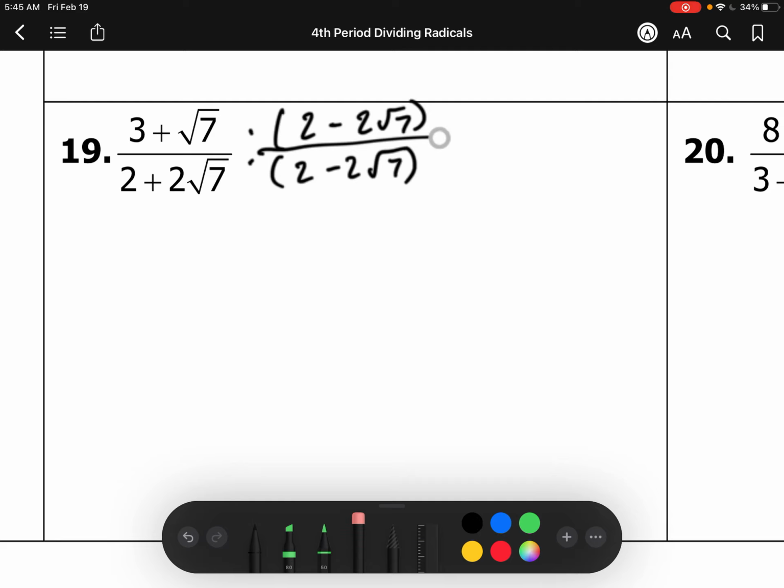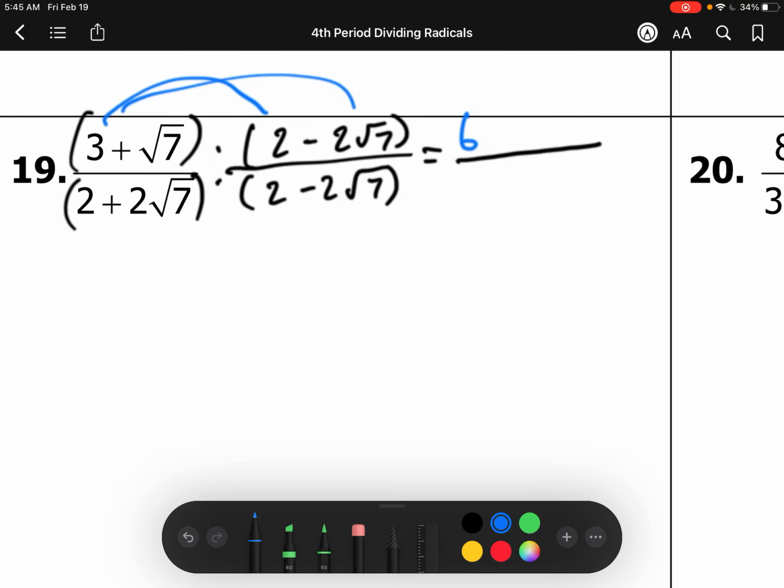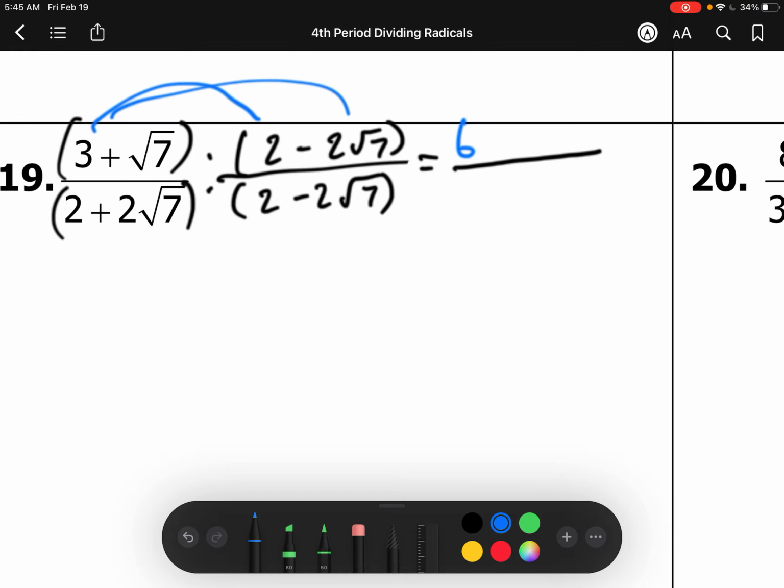And let's go ahead and start simplifying. Let's start by distributing our numerator. We have 3 times 2, which is 6. We have 3 times negative 2 times the square root of 7, which is negative 6 times the square root of 7.